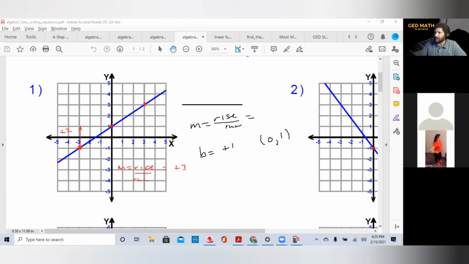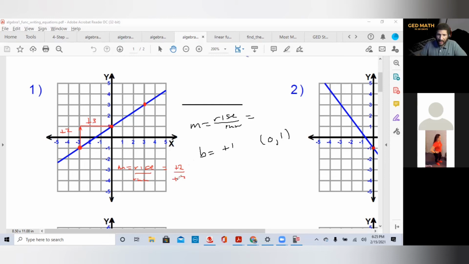And then our run is 1, 2, 3. Yes, you are 100% correct. So our run is +3. I made a mistake there. If you notice, I put the run as +2. I was jumping ahead of myself. So my rise was +2.